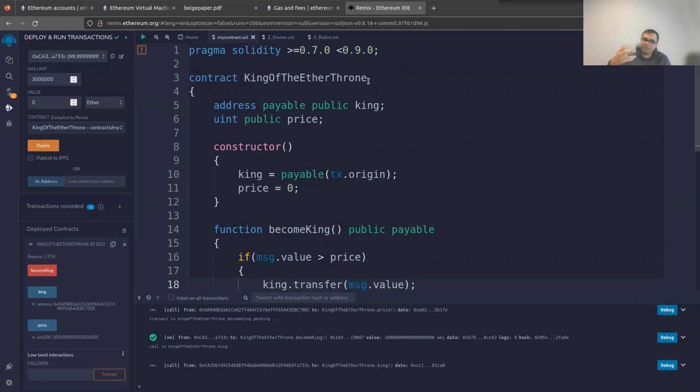Everyone can see the value of that variable because that variable is saved on the blockchain. So if I say this king is private, still everyone can see it. But the important point is that no one can write a contract that actually uses the value of your king in that contract. So it's private to other contracts. It's not private to people who are seeing the blockchain. That's the difference between public and private.